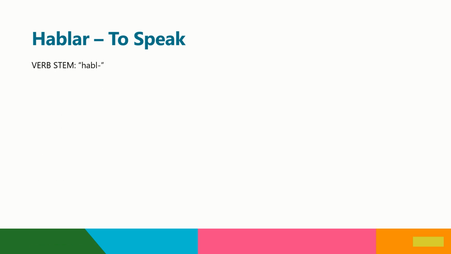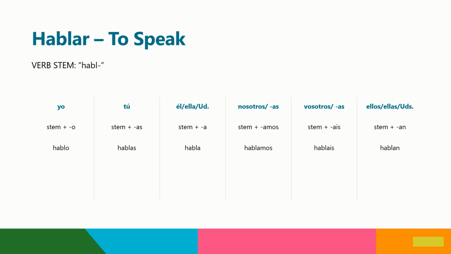So there's the verb stem. After I lop off the AR, I have habl, and you stick each ending to match. Here's the endings. So for yo, notice it's the stem habl with an O at the end. That's on the left there. And the new word is hablo.